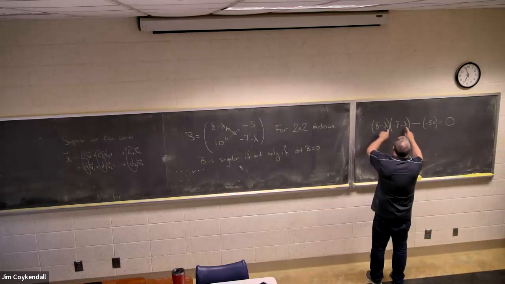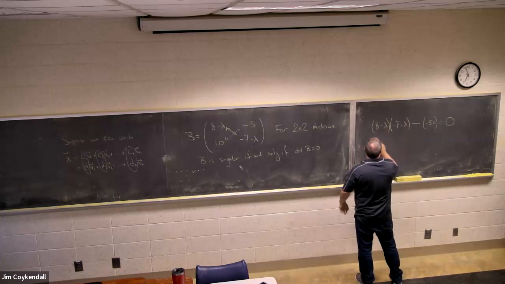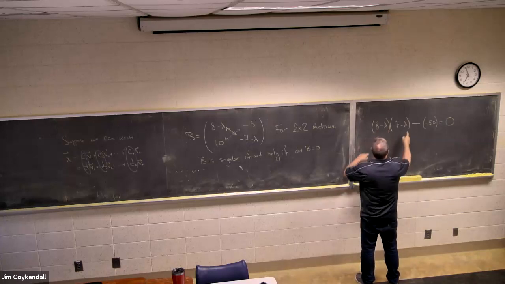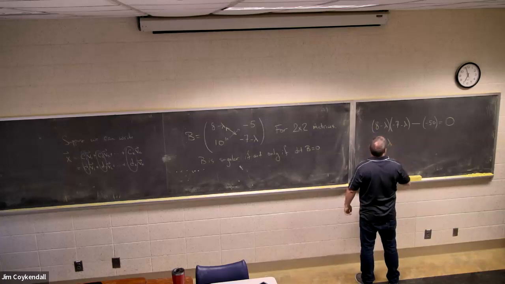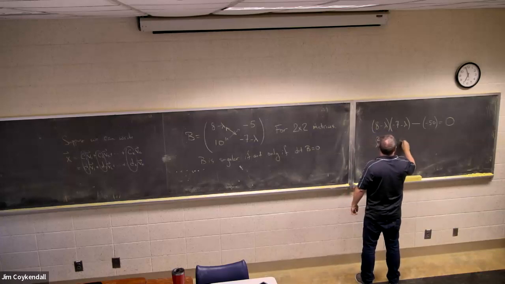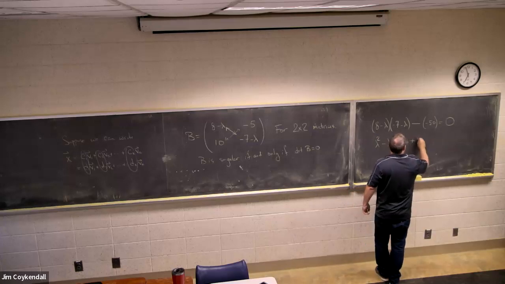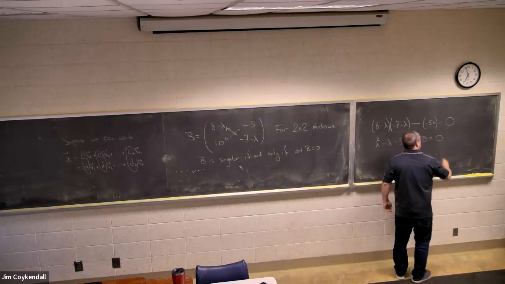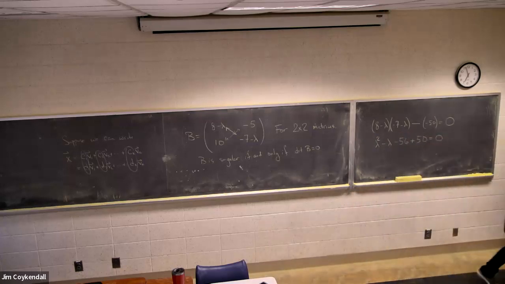I'm going to multiply this out. So I'm going to get lambda squared, minus 8 lambda plus 7 lambda, that's minus lambda, minus 56 plus 50. Everybody comfortable with that? Everybody follow my prestidigitation?